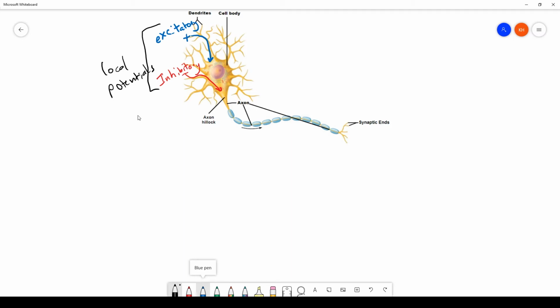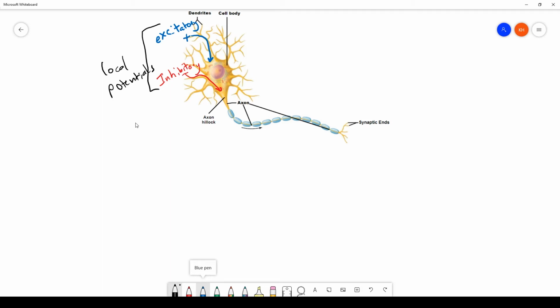Recall from our conversation of the neuromuscular junction that the inside of the cell is negative at rest and positive when excited. Typically, a nerve cell will have a resting membrane potential set around minus 70 millivolts. An excitatory local potential would raise the membrane voltage to a more positive value, while an inhibitory potential would make the membrane more negative.